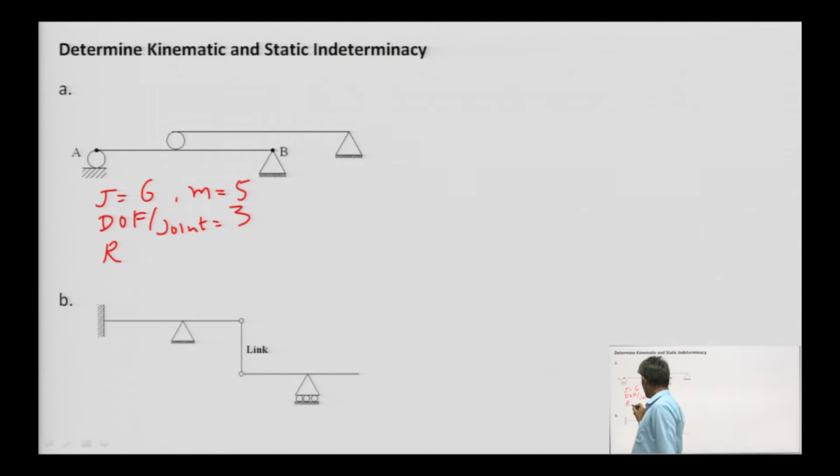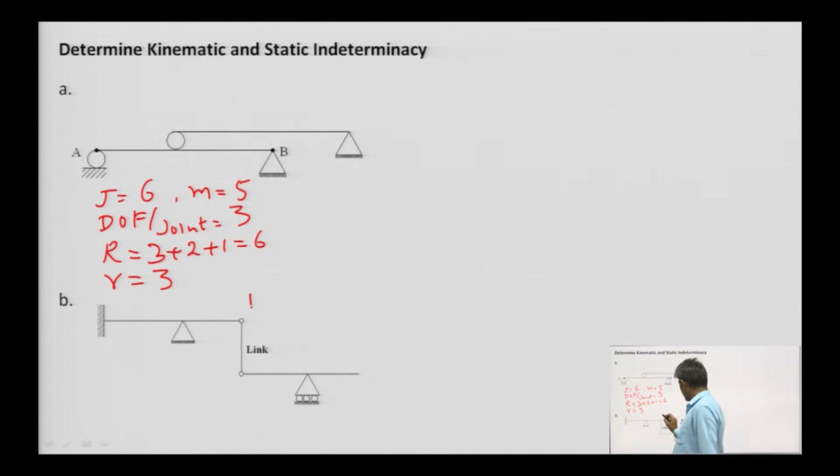Total number of support reactions, 3 here, 2 here and 1 here. So, 3 plus 2 plus 1, how much? It is 6. Small r, the static equilibrium equations, will be 3.